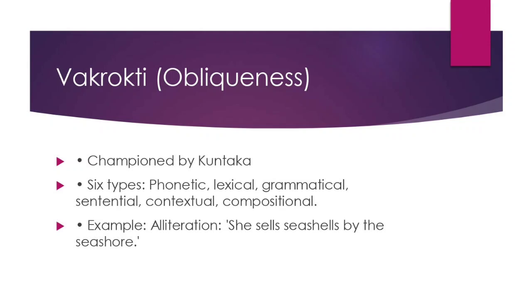So in basic terms, Vakrokti is the oblique expression or the deviation in speech that we bring to create beauty and uniqueness in a literary work. Please go through this Vakrokti, make some notes on it and go through the points, and you will definitely be able to understand this completely.